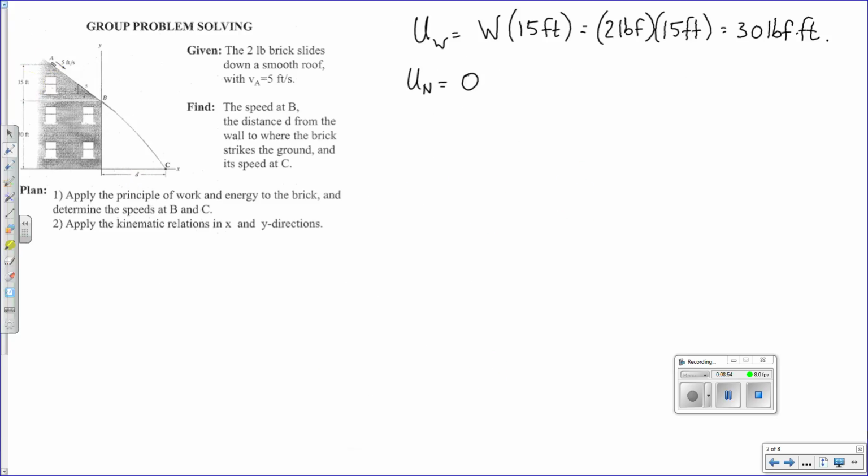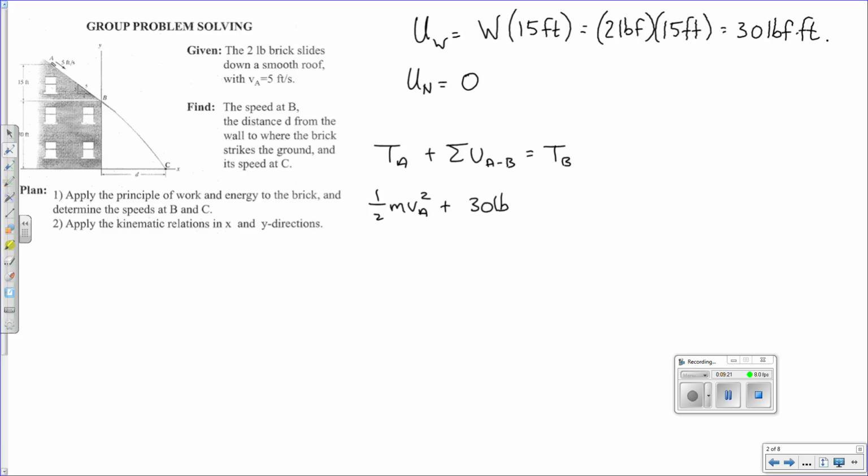Okay, so if we go back to our work and energy principle, we said that TA plus the sum total of the amount of work done from position A to position B is equal to the kinetic energy at position B, 1/2 mVB squared. The sum total of work that's done from position A to position B is only due to the weight force itself.